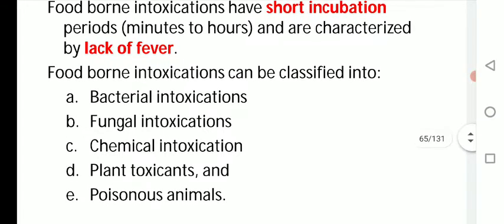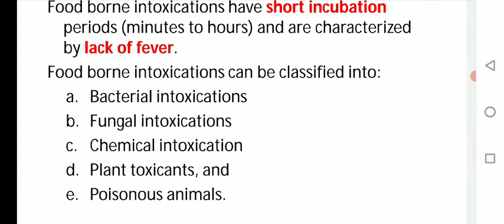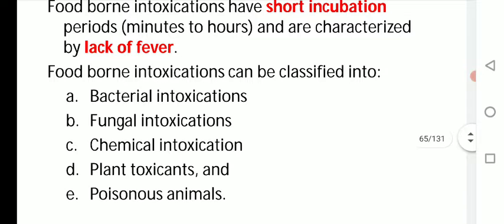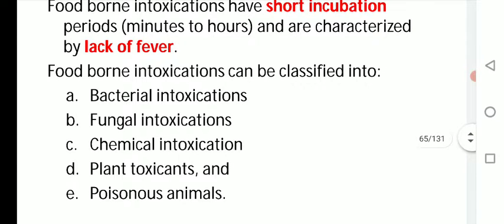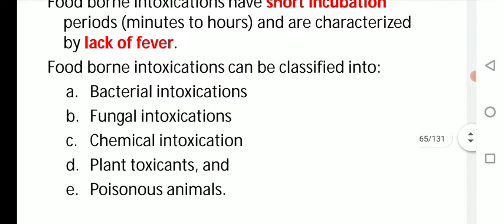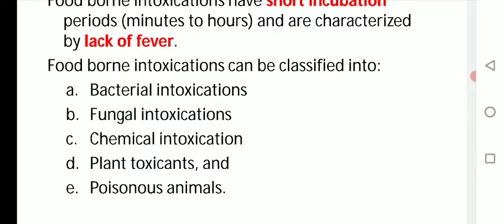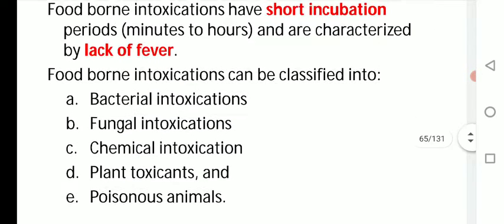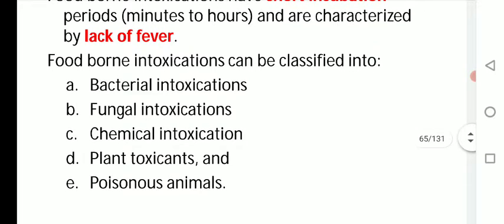So, this includes toxins secreted by bacteria, toxins secreted by fungi, some chemical toxins that are present due to other sources, then plant derived toxicants and poisonous animals. Overall, this is the classification of foodborne intoxicants.